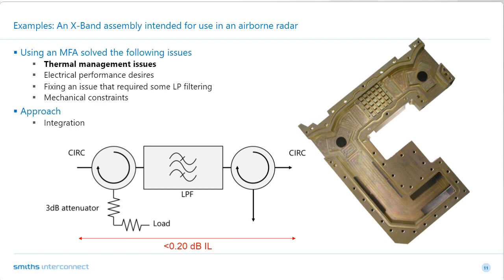On top of that, in this specific case, other than using a standard standalone circulator, there was a filter requirement, and as such, the customer moved to this multifunction package as it both increased electrical performance and helped with thermal management in an airborne environment. Let me move on to the next slide, Katie.